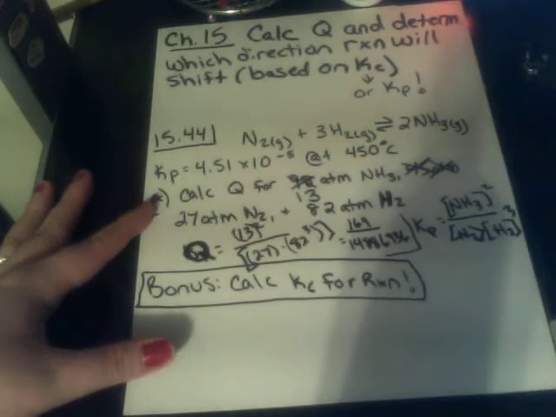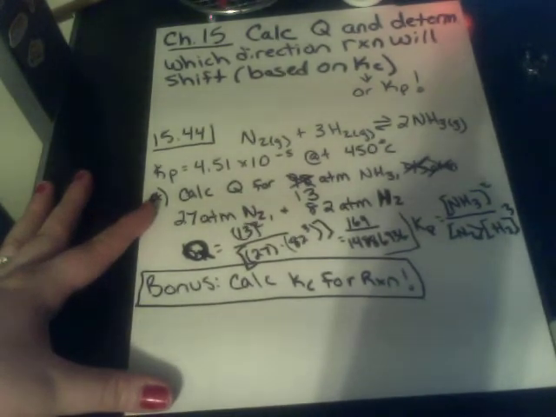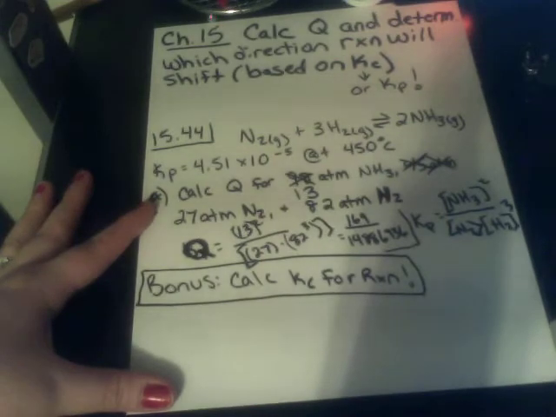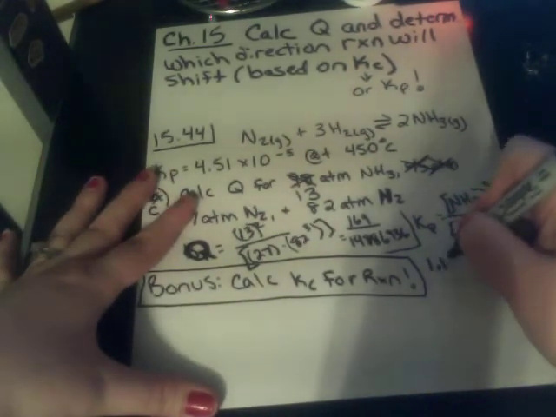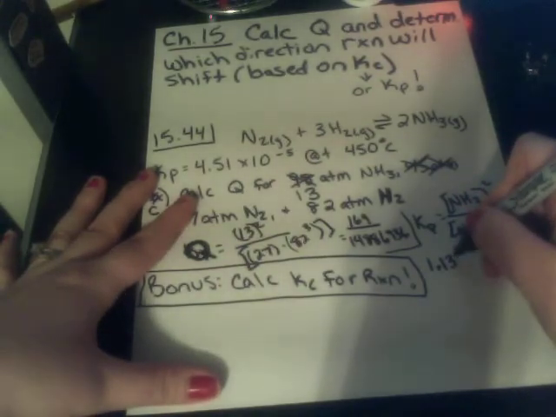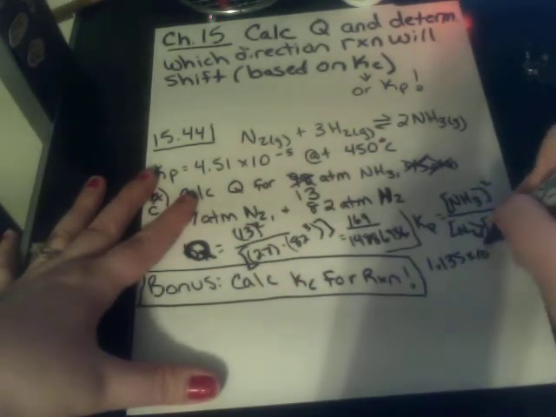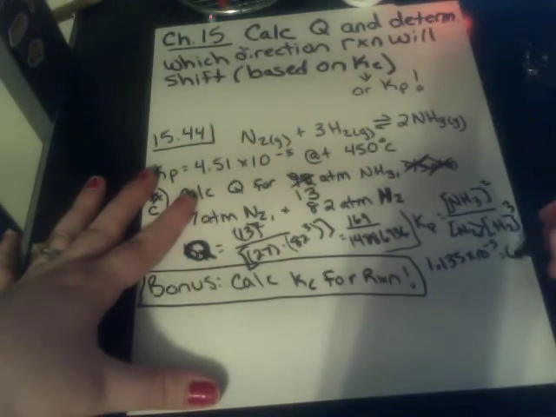I'm sorry guys, I do not have a good calculator. So I got 1.136, or 1.135 times 10 to the negative 5, and that is my Q.